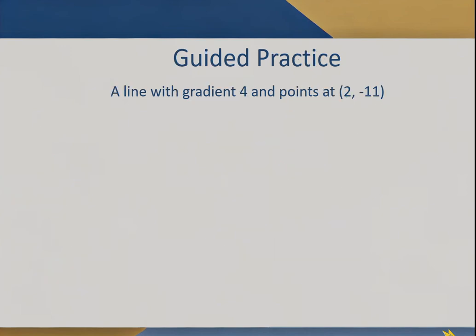Okay, just remember this is your turn now. So if you haven't been pausing, having a go yourself, I do encourage you to do that. A line with gradient 4 and points at 2 and negative 11. So the same thing, I'm going to keep using the point intercept form, which is m in brackets x take away x1 is equal to y take away y1, purely because it becomes easier and quicker as we do it.